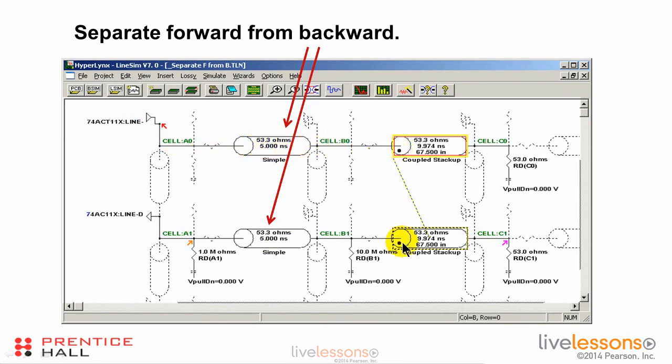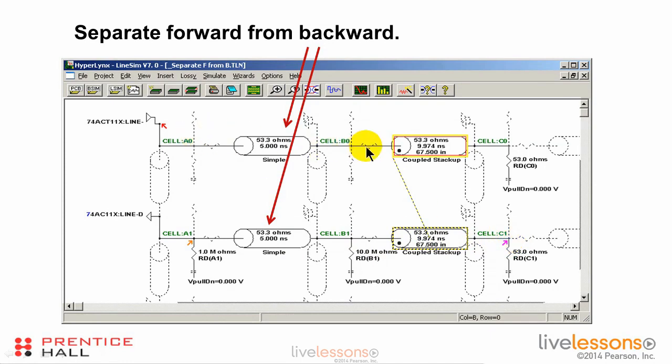Now, when we send the signal down the trace, there'll be 5 nanoseconds before it hits the coupled region. Then it will generate a backward crosstalk pulse, which will come back 5 nanoseconds to this point. It'll reflect off this point 5 nanoseconds later. It will come back to this point, and 10 nanoseconds later, it will show up at the far end of the victim trace. That's 25 nanoseconds.